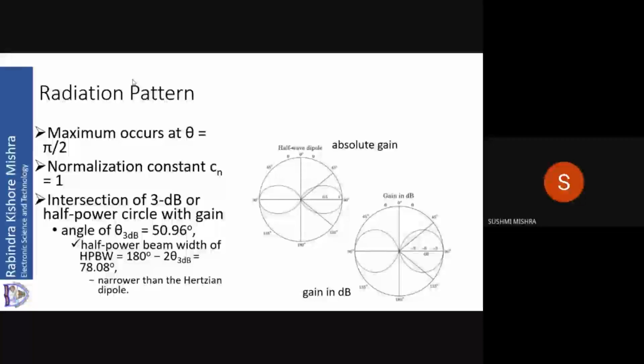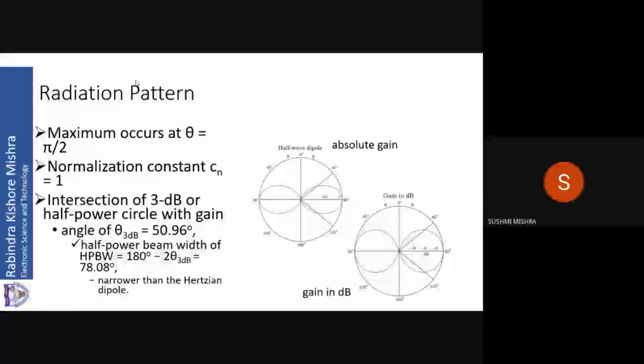The half power beam width is 90 degree for a Hertzian dipole. So the moment we come to a half wave dipole, this is smaller, which means it becomes more directive. The larger the HPBW angle, the less directive. So on each side, the 3 dB angle occurs at 50.96 degree.